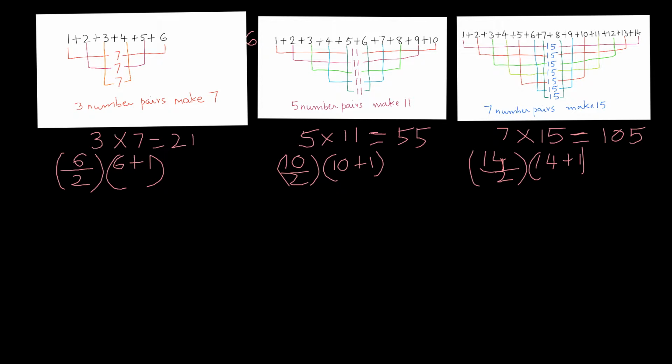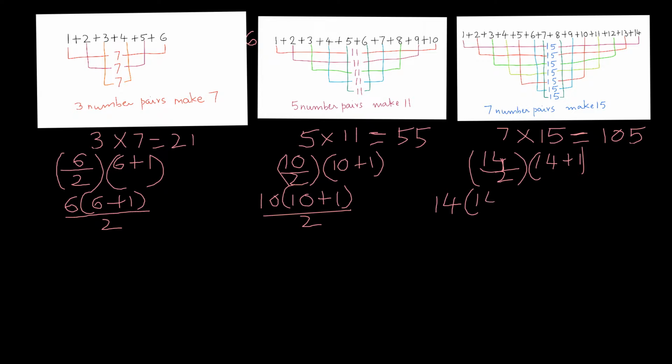Now, the distributive property allows us to further simplify this as 6 times 6 plus 1 over 2. This is 10 times 10 plus 1 over 2, and this would be 14 times 14 plus 1 over 2.